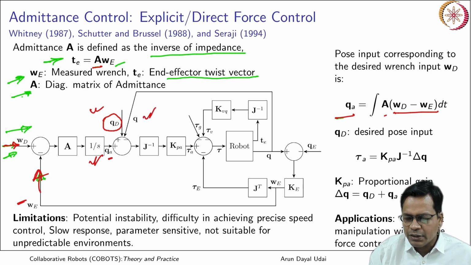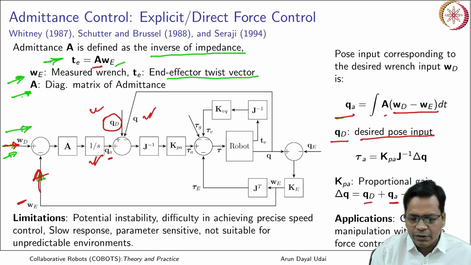So the final desired pose input is QD, and QD minus QA is the actual position and the reference trajectory input. Delta Q comes here. What is delta Q?